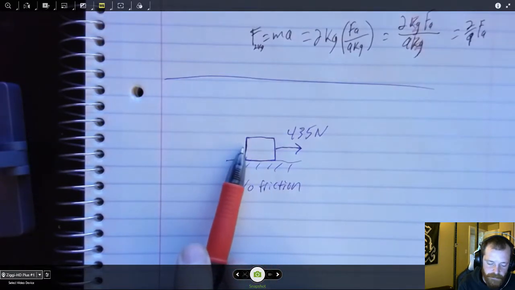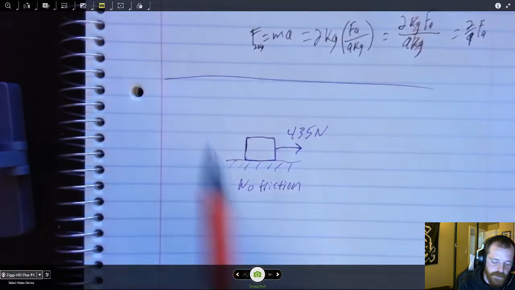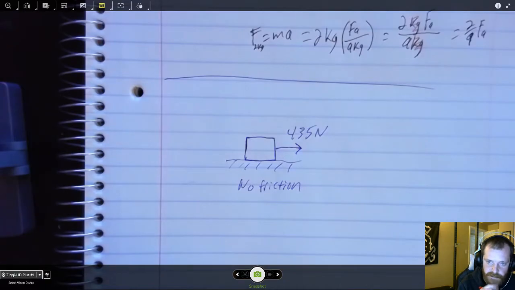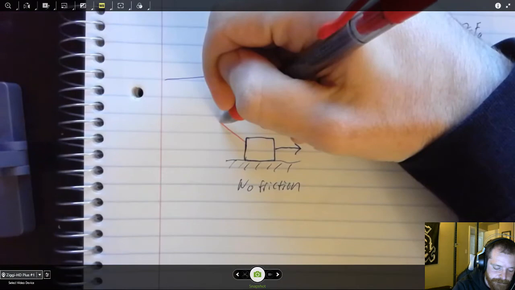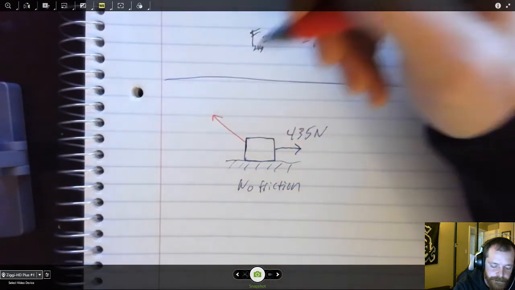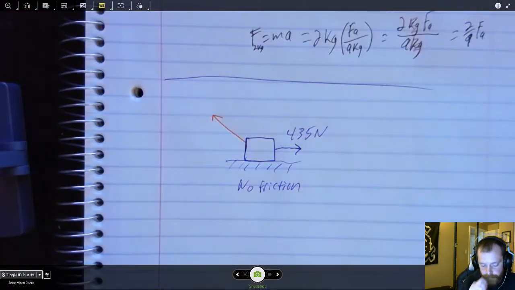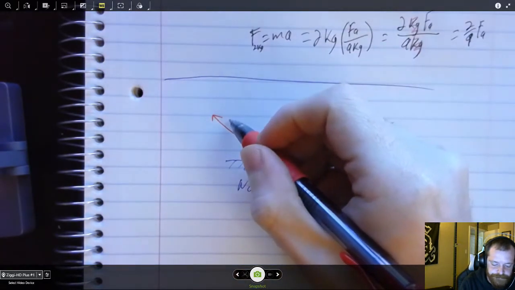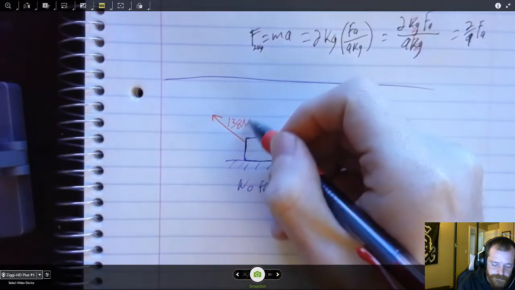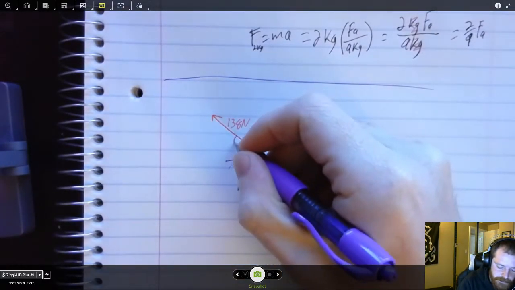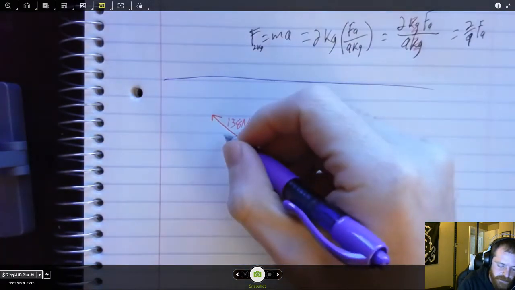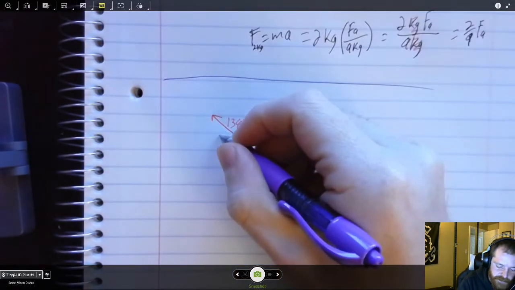And then we have another penguin. He's a little bit taller. He's going to be pulling on this box at an angle with a force of 138 newtons. Let's say the angle to the horizontal is 45 degrees.